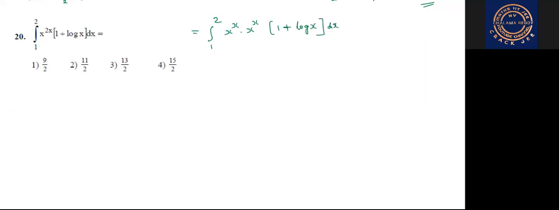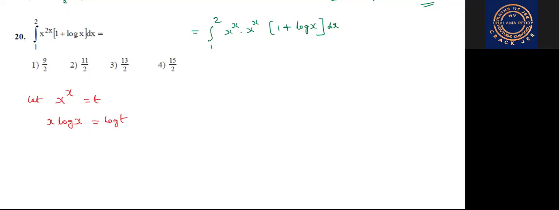Now here what we have to take t, let x power x is equal to t. Apply logarithm on both sides, you will get x log x is equal to log t.